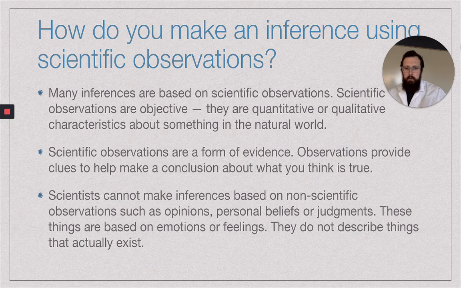Scientists cannot make inferences based on non-scientific observations, such as opinions, personal beliefs, or judgments. These things are based on emotions or feelings. They do not describe things that actually exist. So let's make sure to write out: many inferences are based on scientific observations.